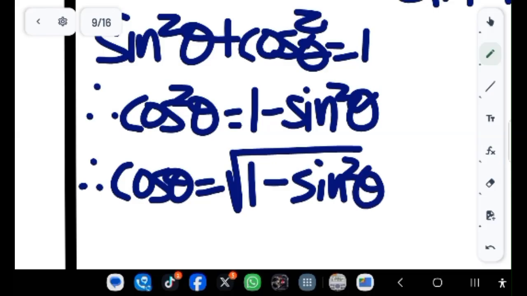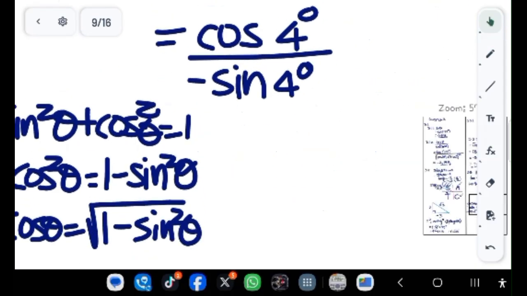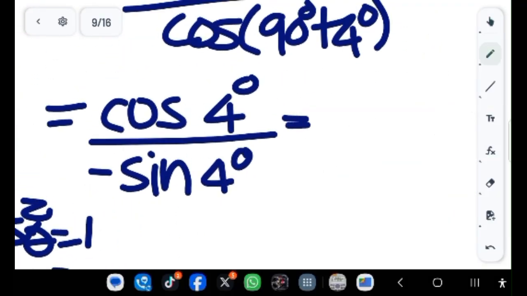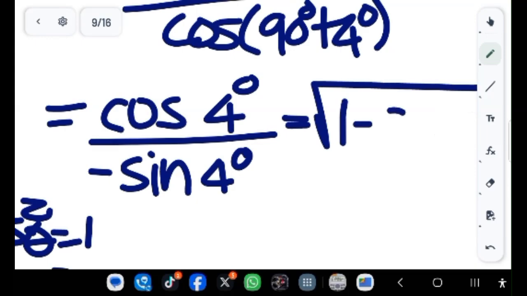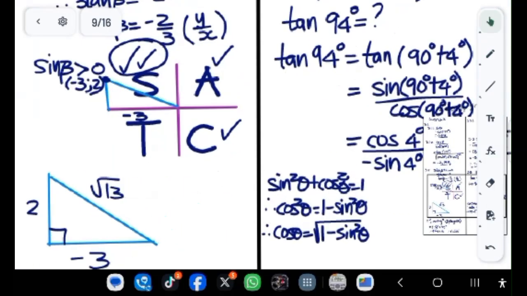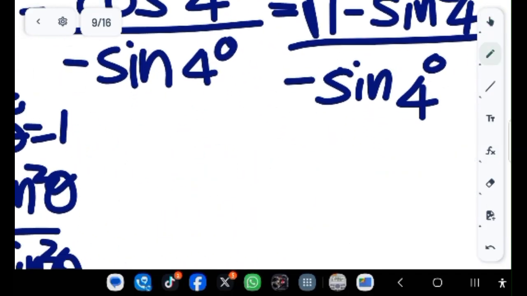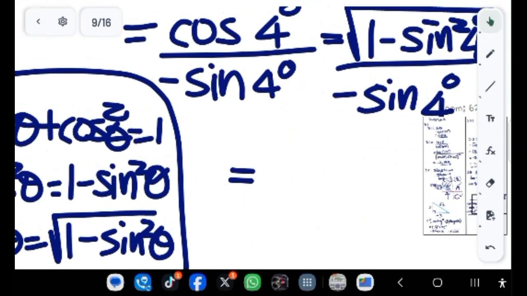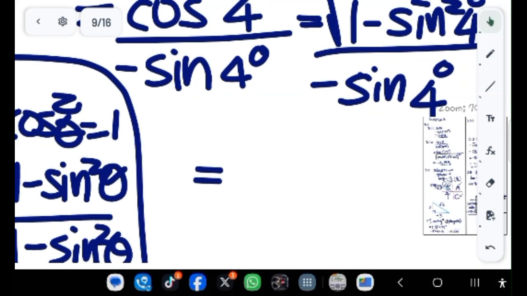So this is easy. Take this and simply come here and substitute that. So that will be the square root of 1 minus sine squared 4 degrees over negative sine of 4 degrees, which is equal to, wherever there is sine of 4 degrees, we put m.